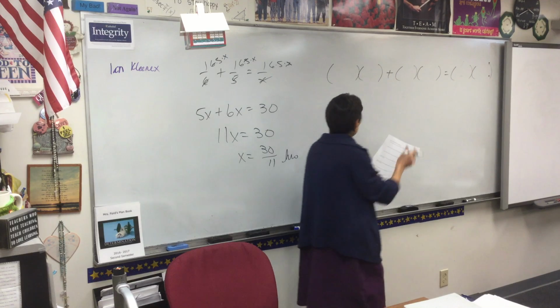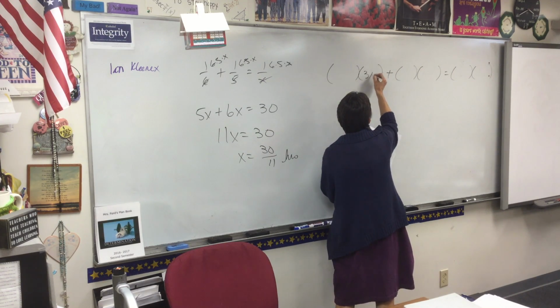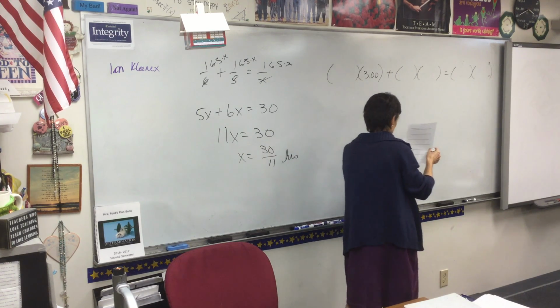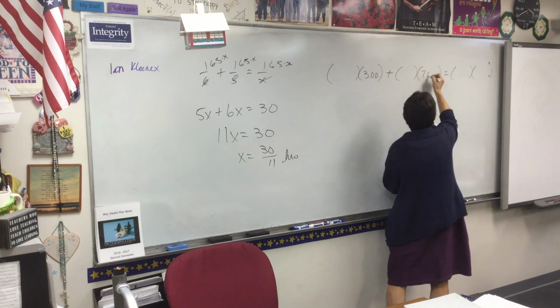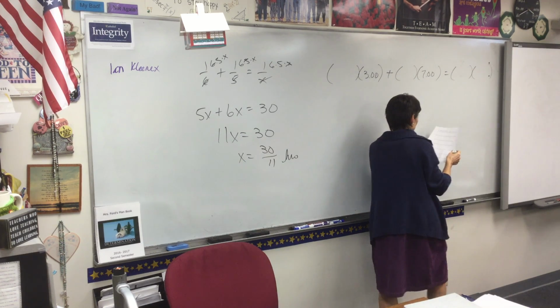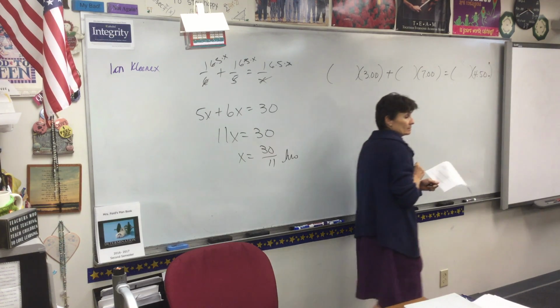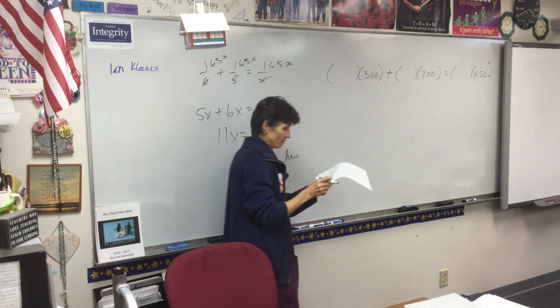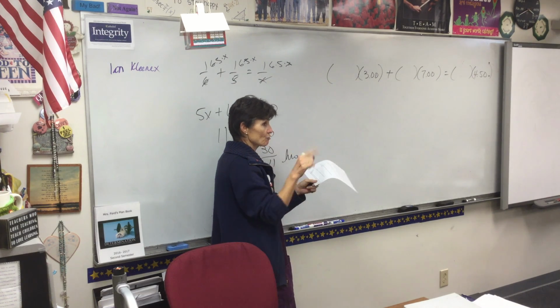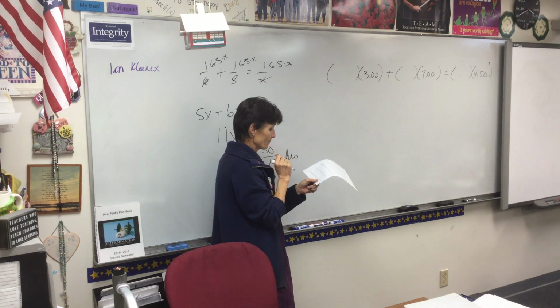So our dollars are $3 a pound and $7 a pound and $4.50 a pound. And the extra number we have is 10.